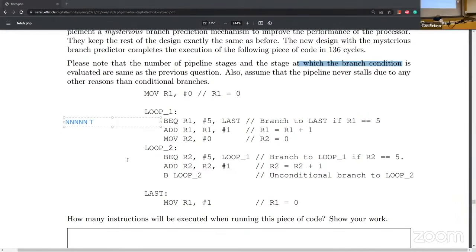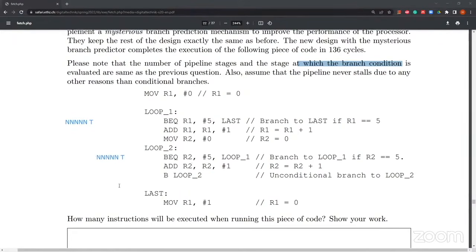And then the last time it will be taken when we jump to the last instruction. And for the second branch equal instruction, it will have the same behavior, right? So it will be not taken 5 times, and the 6th time it's executed, it will be taken.